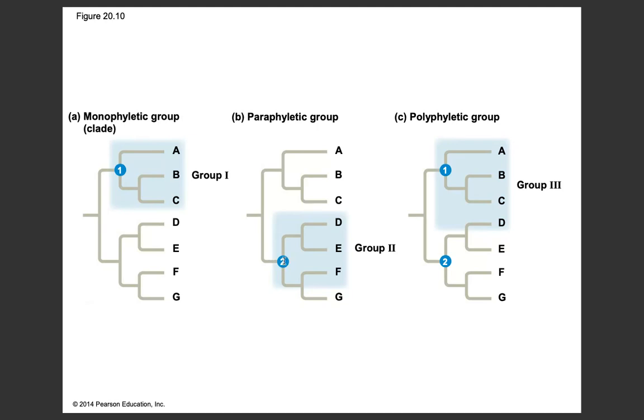Okay, and then a polyphyletic group is going to be group 3 here. So this is when we have a common ancestor. Perfect. We have A, B, and C. Cool. That's looking good for monophyletic. But then we also include D. And earlier we said just because two taxa are next to each other, C and D are next to each other, does not mean that they are extremely related. Well, of course not, because look, you have all these node points that exist between the two of them.